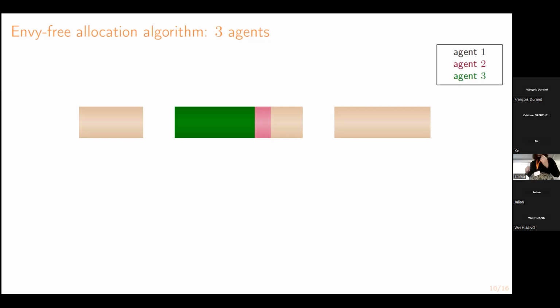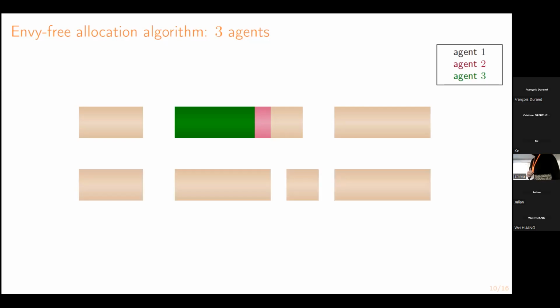Once you have that, you choose to cut the cake like this. You are cutting a bigger interval, so you cut this interval like this and like this. And then we can work with those 4 parts.